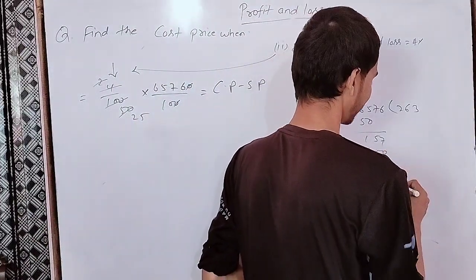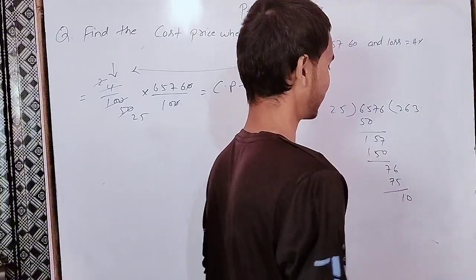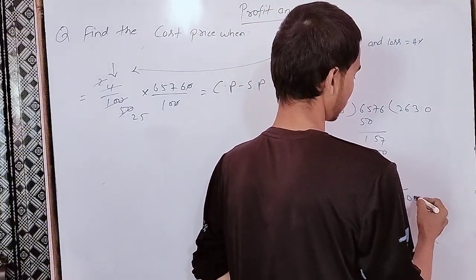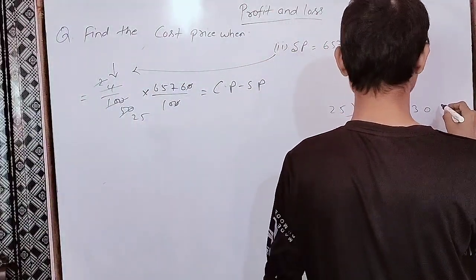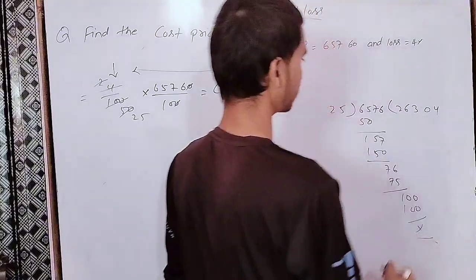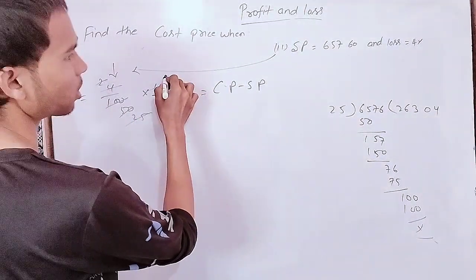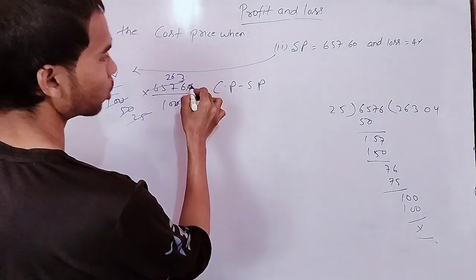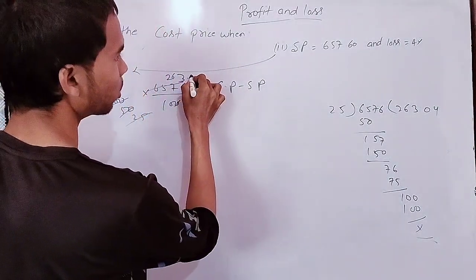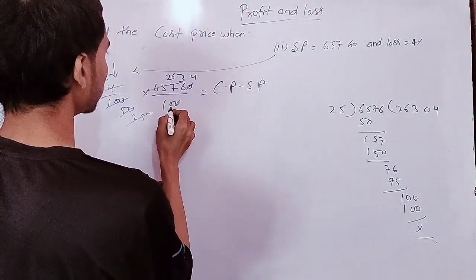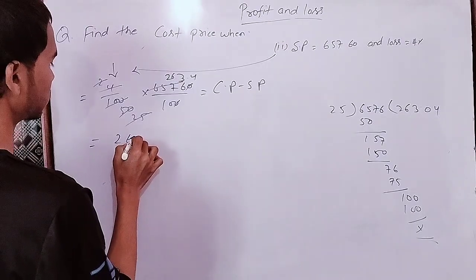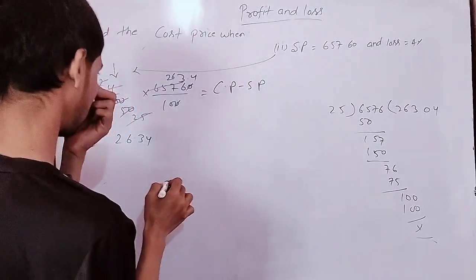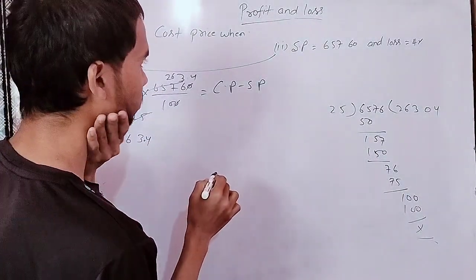Again, this is how much? 25 fours. How much? 0.4. And now, what? This is exactly how much? 264. Clear?